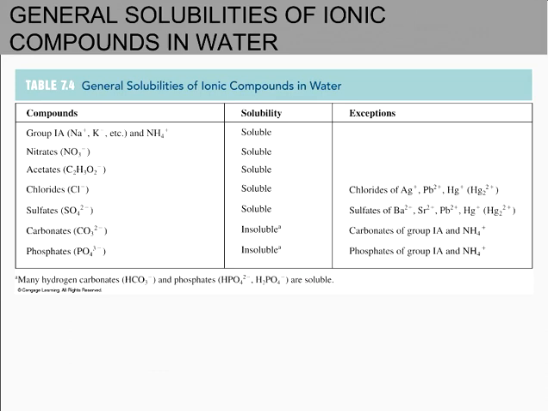Chlorates are soluble unless paired with silver, lead, or mercury. Sulfates are soluble unless paired with barium, strontium, lead, or mercury. And at the bottom we have our insoluble ions, such as the carbonates and phosphates. However, those are soluble if they're paired with group 1A metal ions or the ammonium ion.